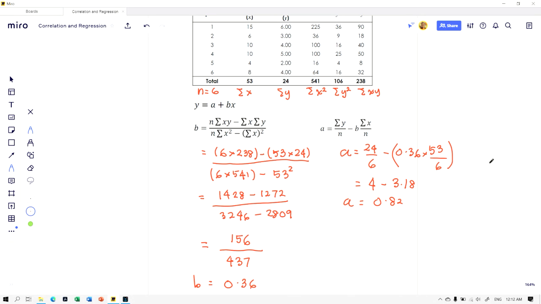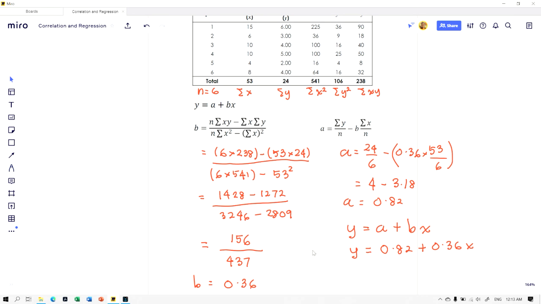With the value of b equal to 0.36 and the value of a equal to 0.82, now we can finally construct our regression equation, which is y equals a plus bx. Replacing the values into the equation gives us y equals 0.82 plus 0.36x.